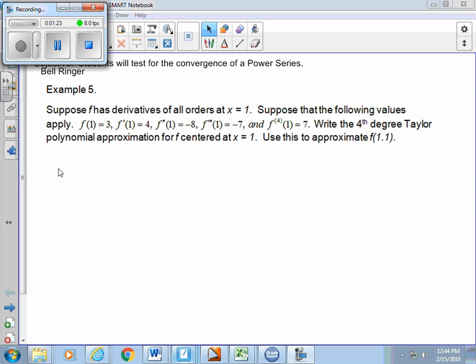Good. We are using the Taylor series, not at 0, with the x minus a that we have there.